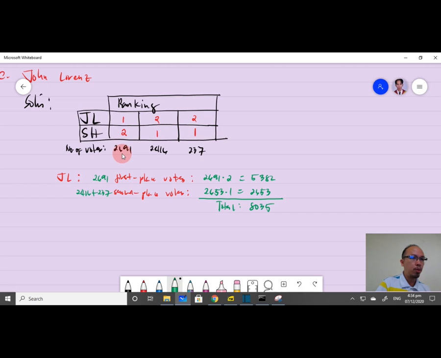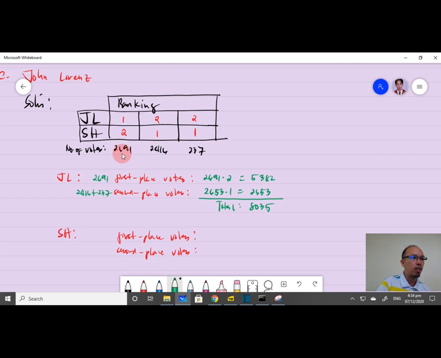How about for Stephen Hyde? First place votes, second place votes. Let's calculate again.